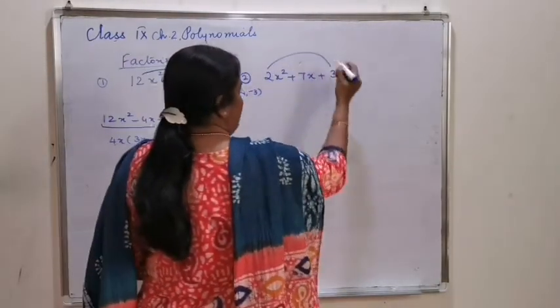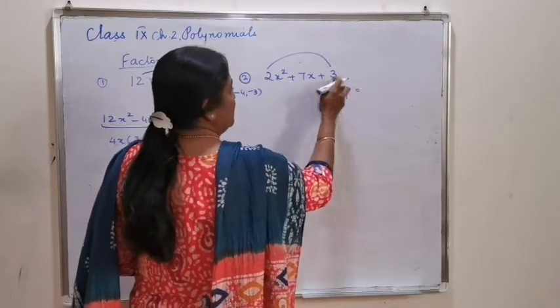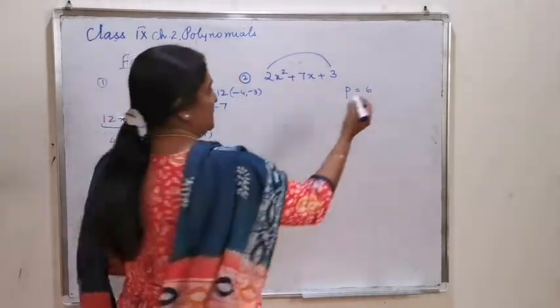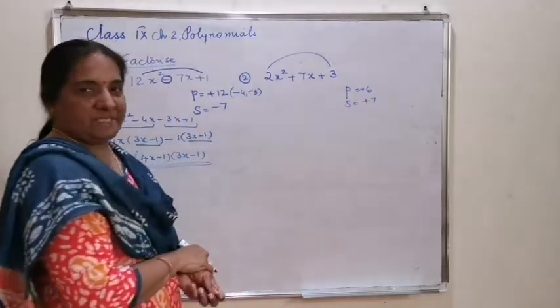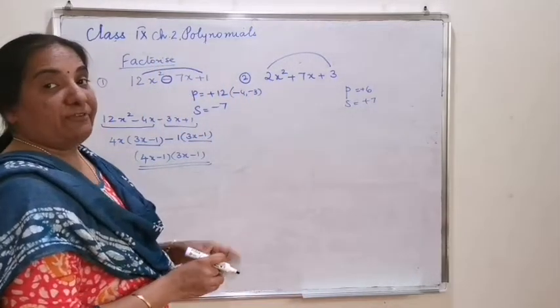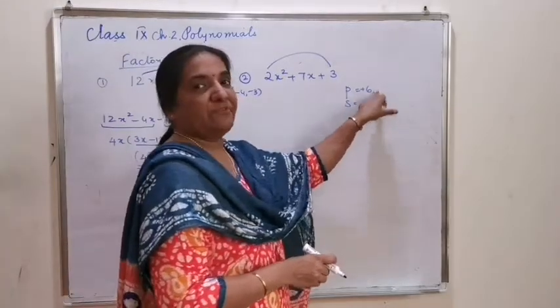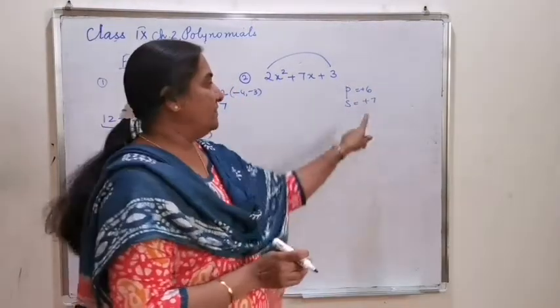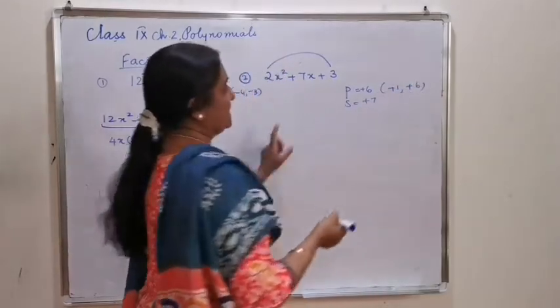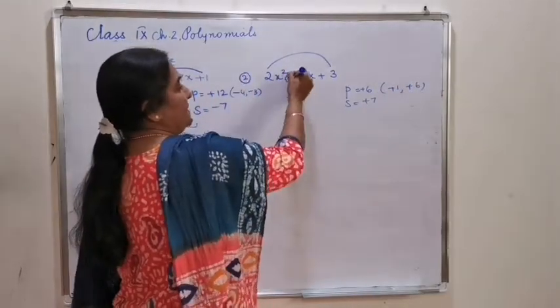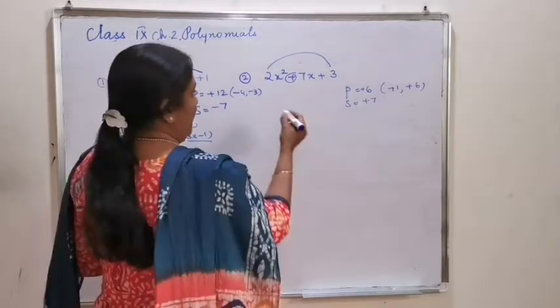Similarly, the product is 2 into 3, which is 6, positive 6, and the sum is positive 7. The rule is the factors of the product 6, when you add, should give the sum. So the factors are +1 and +6, because the sign of the sum term is positive.